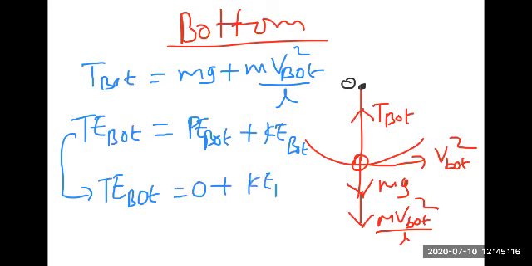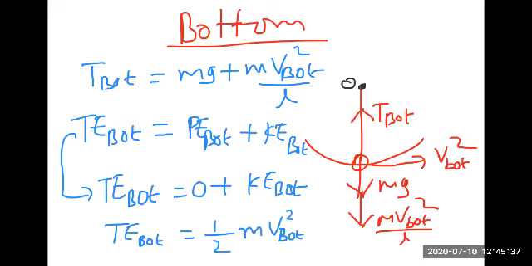The speed at bottom is v bottom. So total energy at bottom is equal to half m v bottom square.